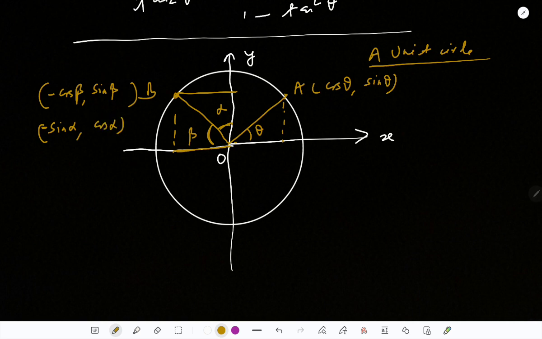And now consider one thing. This angle alpha, you can say that this angle is 90 degree and then you moved another angle alpha.